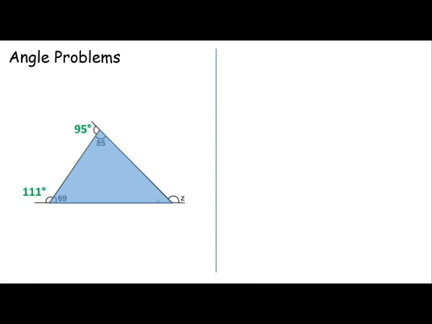Hopefully you remember that every triangle has 180 degrees in it, which means the two that I already have total 154, leaving me with 26 degrees for that last angle. And once I know this is 26, I can figure out this side because together they make this straight line. This is 154 degrees.